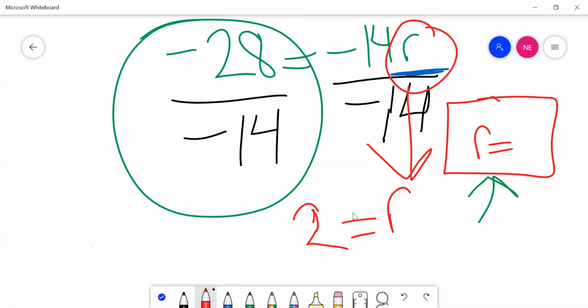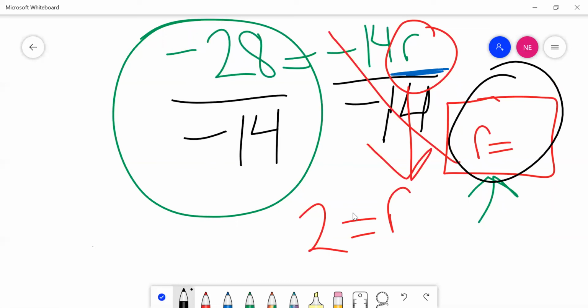Bring down the r, and don't forget to cross out the negative 14 because you divided it by the same number. I wrote the 2 a little bit sloppy there, so I'm just going to rewrite that. So 2 equals r. And now if you don't like the format of 2 equals r, you can definitely change it to r equals 2.